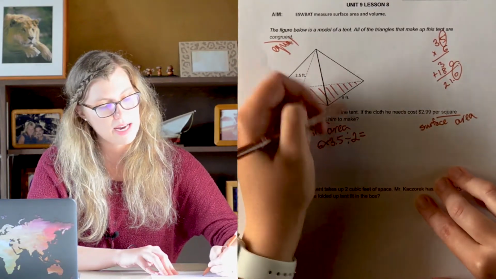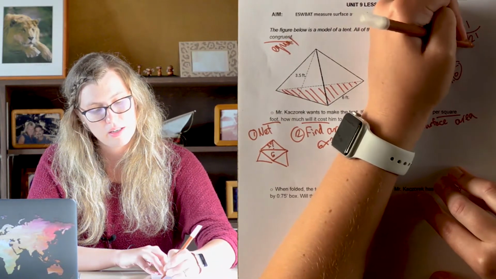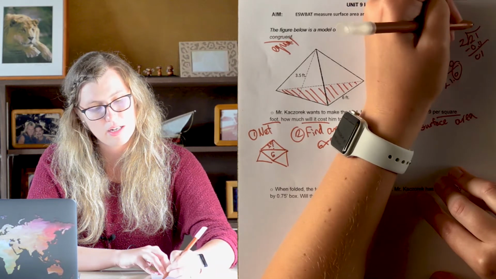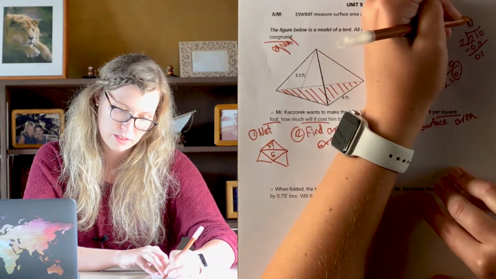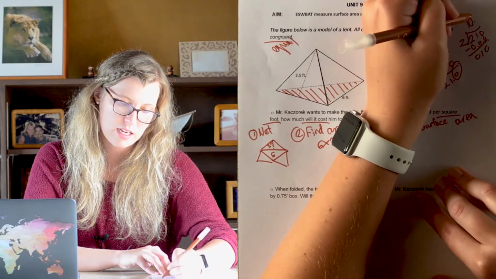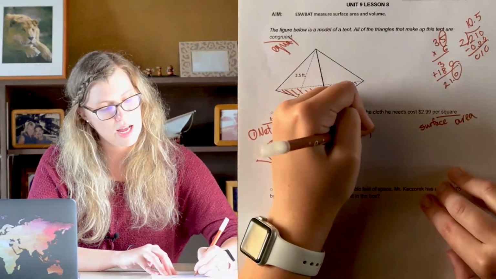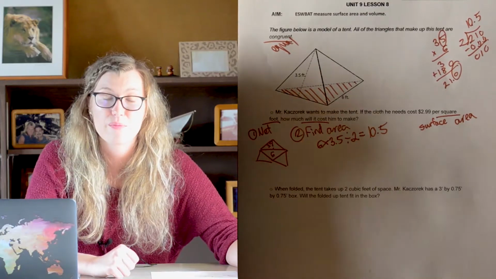However, I still have to divide by 2. So 21 divided by 2, I would get 0, bring down a 1. Oh, not going to work. I'm going to have to add a decimal. So that would become 10.5. So the area of one triangle is 10.5.